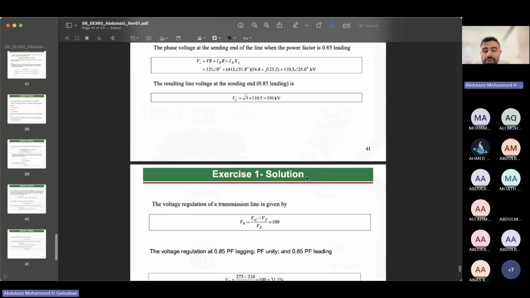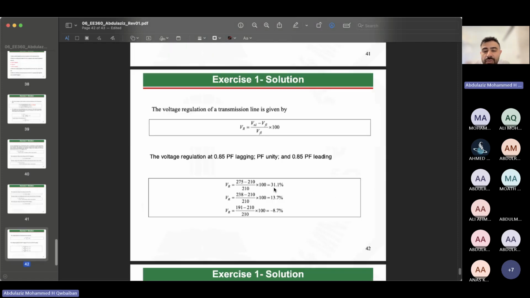So if you do the voltage regulation for 0.85 it is 31.1, voltage regulation 13.7 for unity power factor, minus 8.7 for the 0.85 PF lagging. So it's similar to synchronous generator. You have 3 different voltage regulations, positive for unity or lagging, negative for the leading power factor.